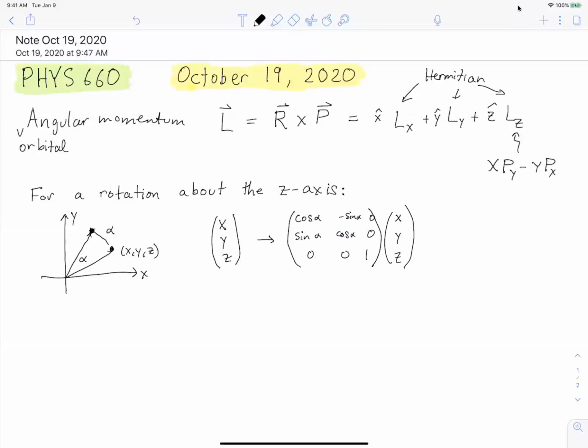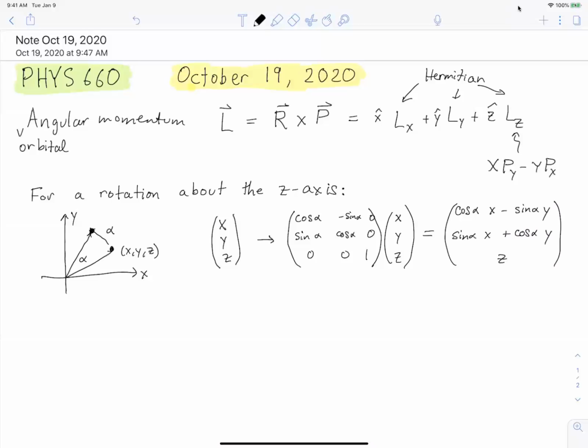Okay, or we can rewrite that as cosine alpha times x minus sine alpha times y, sine alpha times x plus cosine alpha times y, and then the z-coordinate is just left alone. So that's a general rotation by an angle alpha.